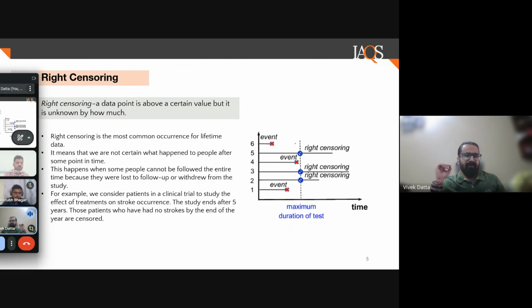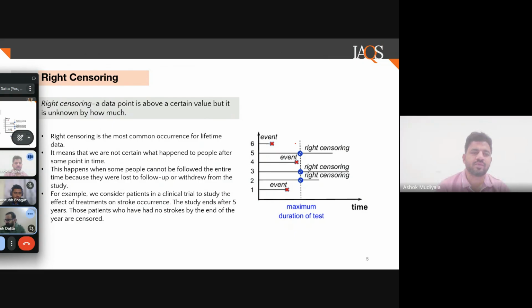We'll deep dive further. Right censoring: a data point is above a certain value, but it is unknown by how much. Right censoring is the most common occurrence for lifetime data. It means that we are not certain what happened to people after some point in time.